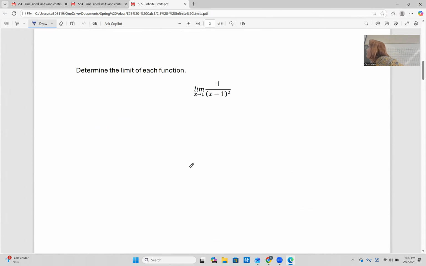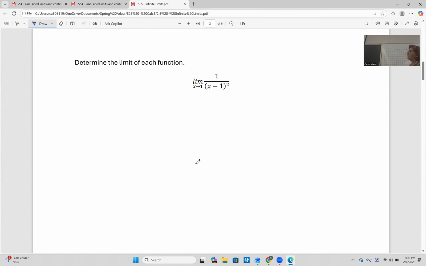So let's look at the limit, and let's start with a table. I want to look at the limit of 1 over (x minus 1) squared as x goes to 1. I'm going to plug in some x values and find out the function.